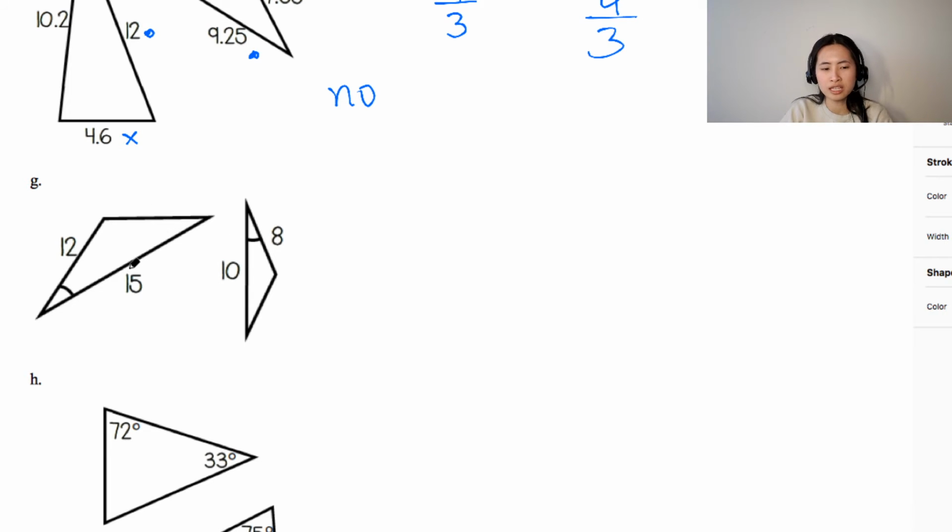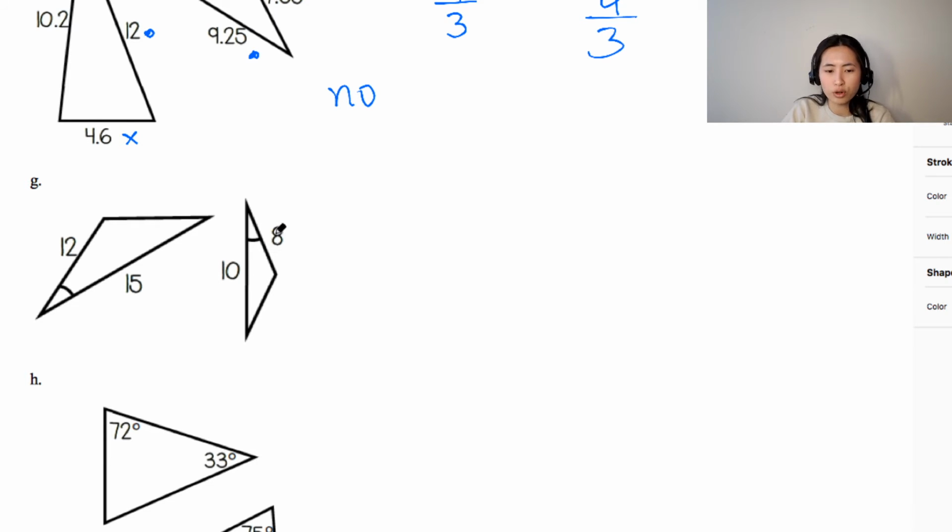But as long as you're able to recognize, think about this. If you have 15, then you have 12, you need to make sure that this angle is in between them, which is right here. And because you're comparing 12, which one would be the best one? It would be 8, not 10.